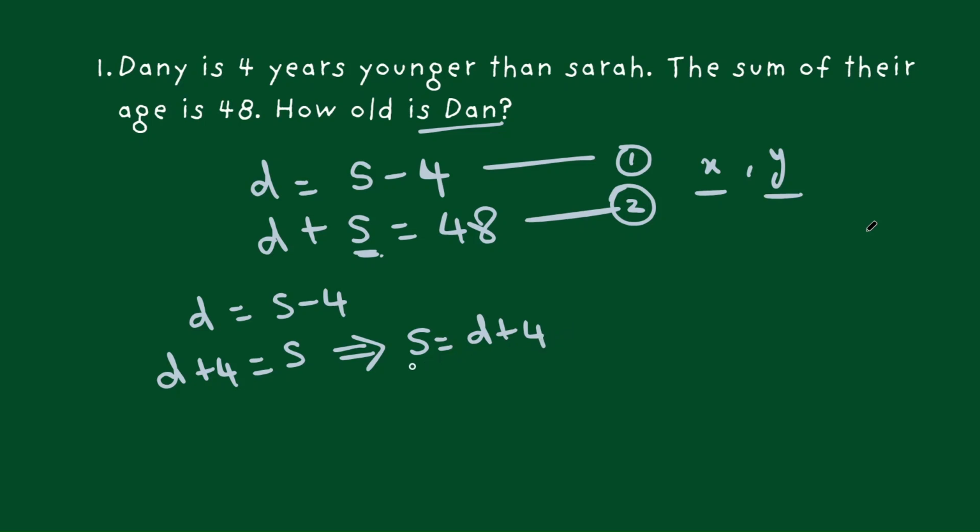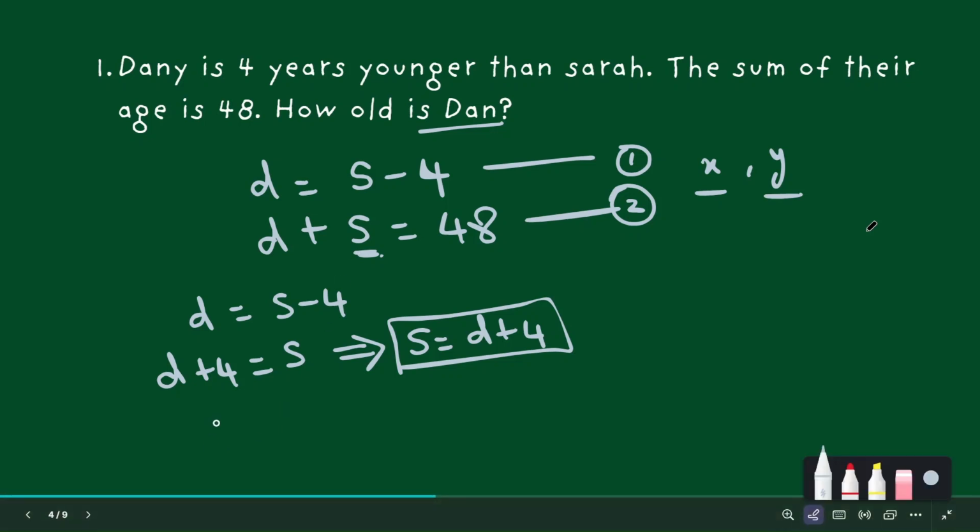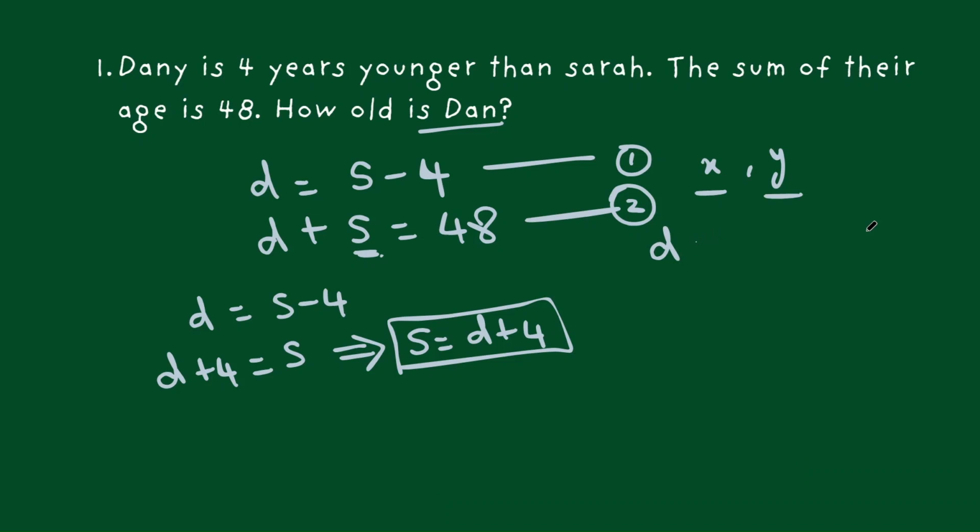So we got one value for S. Now we substitute this S in equation 2. Here I will write D plus, instead of S, D + 4, that is equal to 48. That means we are substituting this value of S in equation 2.